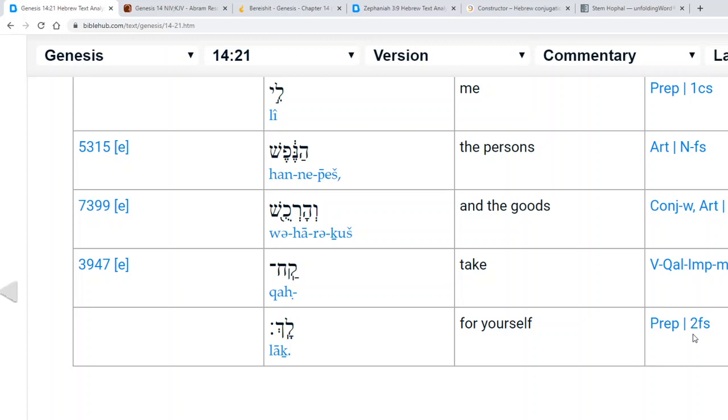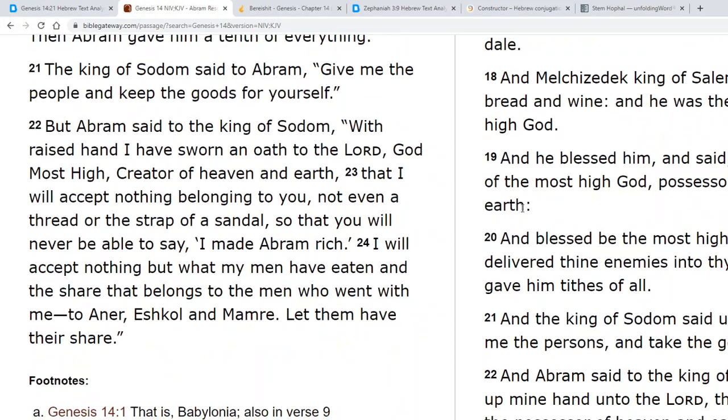It should be kach lecha, but I almost want to say kach lach because it just seems to go well. It sounds good. You could say it's poetic, but it actually says to yourself. I am guessing the Kabbalists go to town on this verse, but that's me. Okay, verse 21.